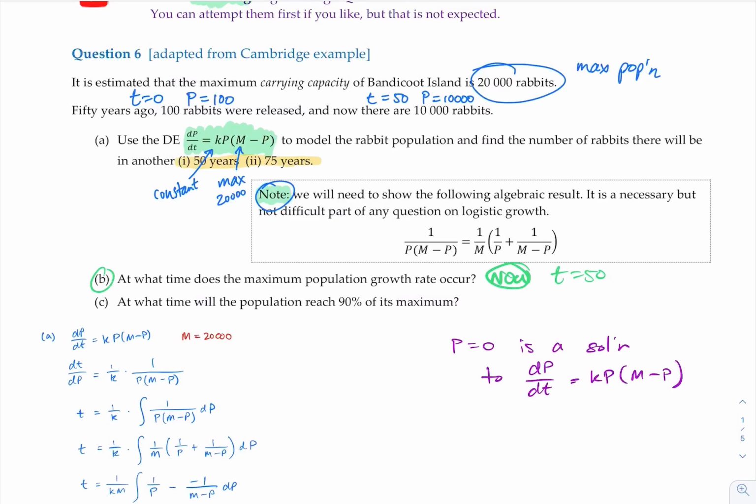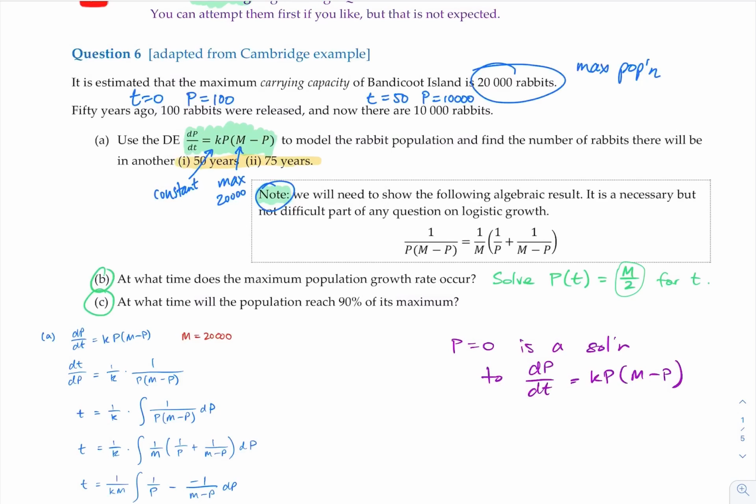That worked out nicely for this question, but what you really need to do is solve: the maximum population growth rate occurs when you are halfway to the maximum, and so you solve that for t.